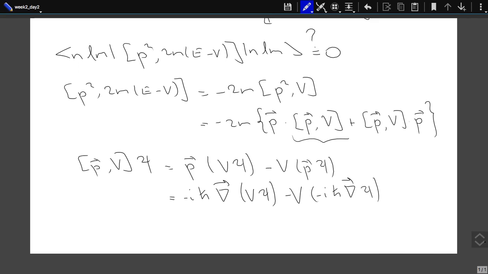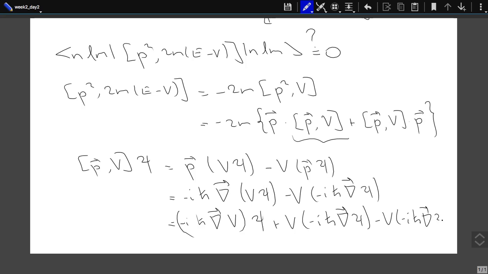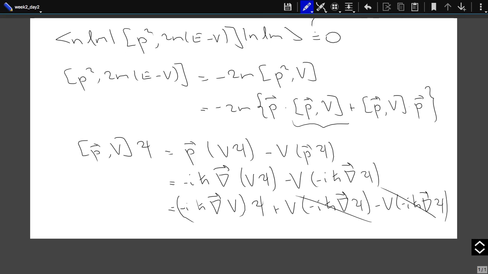In the first term, we can just use the chain rule. Minus i h bar gradient acting on V, times psi, plus V times minus i h bar gradient of psi, minus V times minus i h bar gradient of psi. So all these last terms cancel.